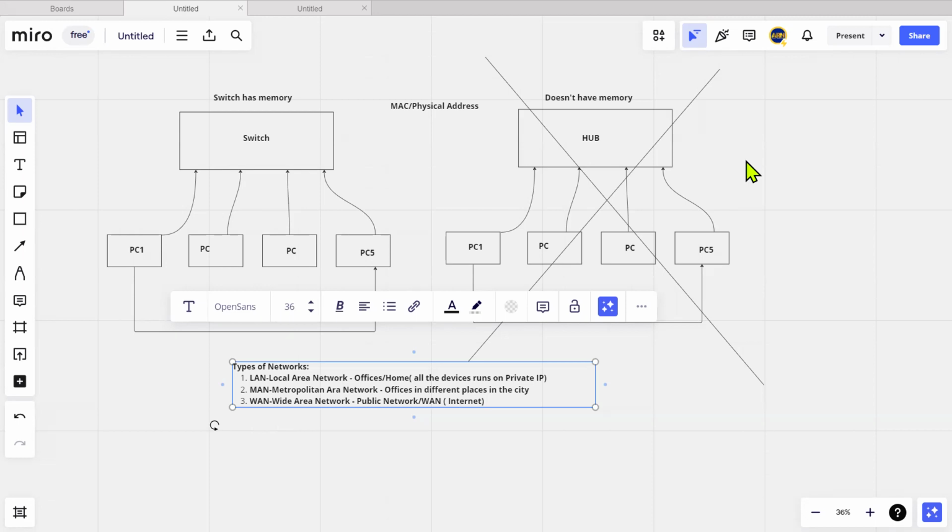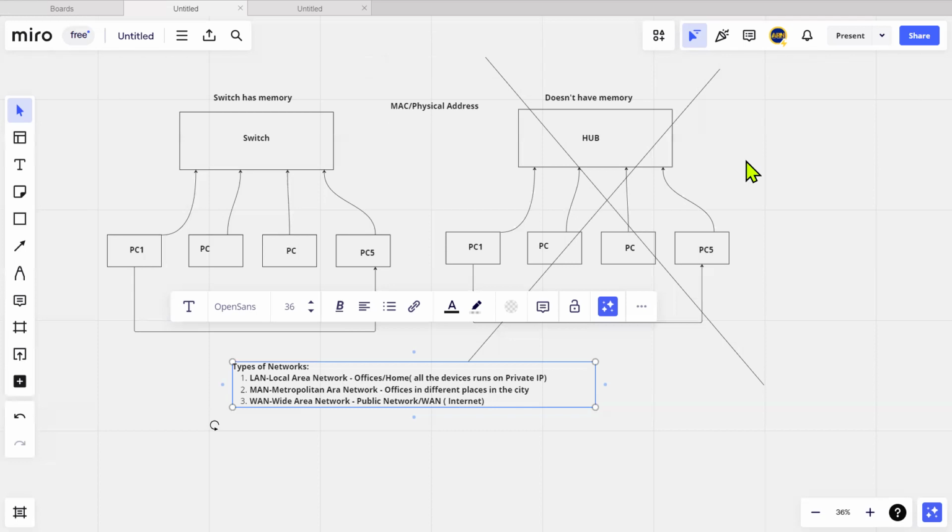WAN, Wide Area Network, connects two or more LANs present at different geographical locations. So we are able to communicate from your place across the country, across the world, like 183 or 185 countries.